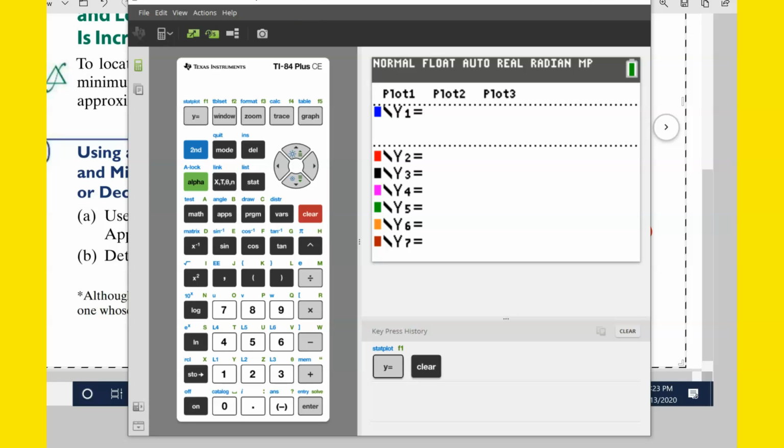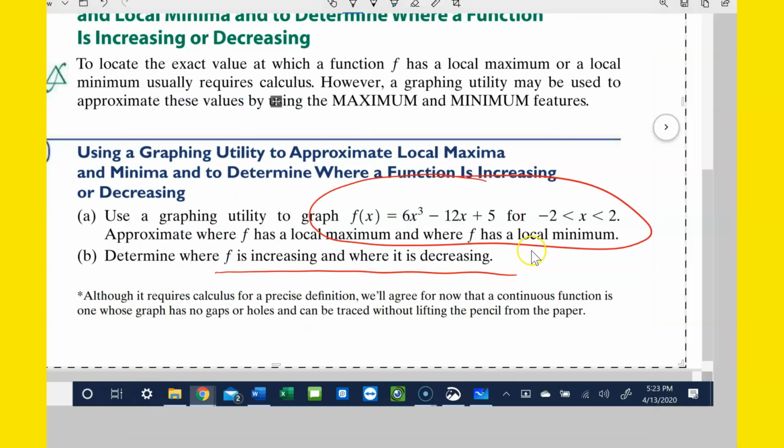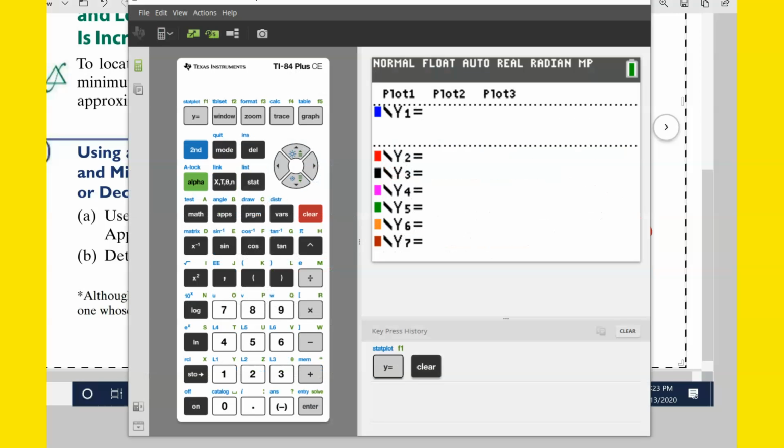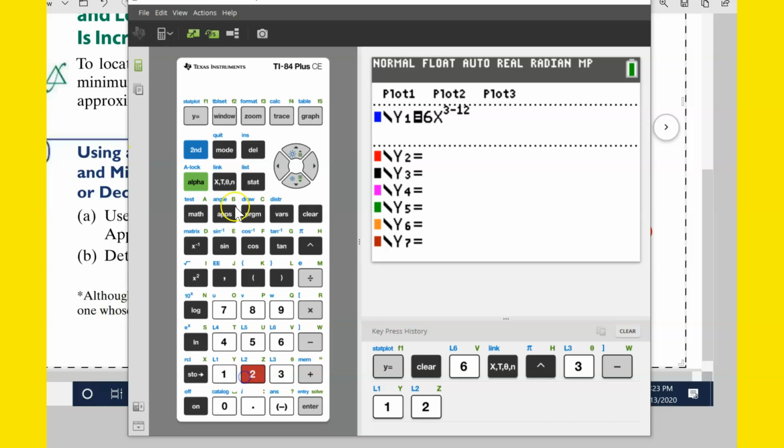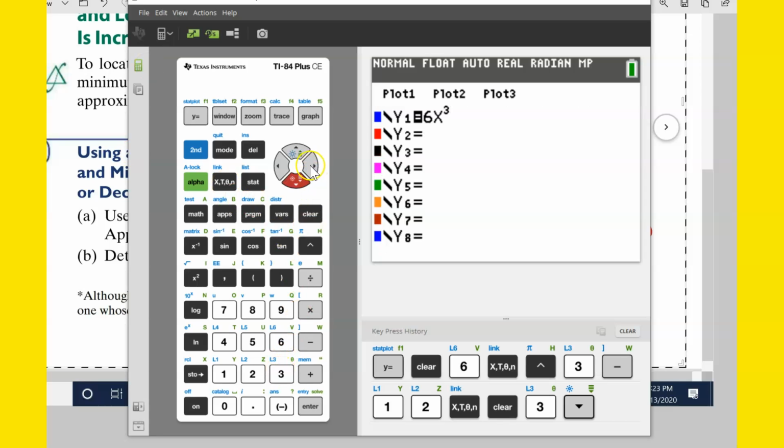All right, so I forgot what I'm typing in. 6x cubed minus 12x plus 5. 6x cubed minus 12x. Oh, shoot. 6x cubed.